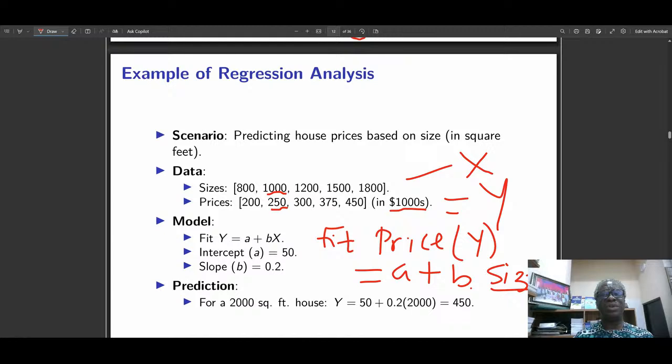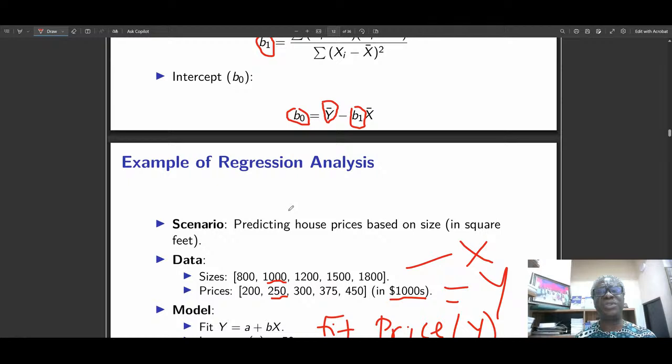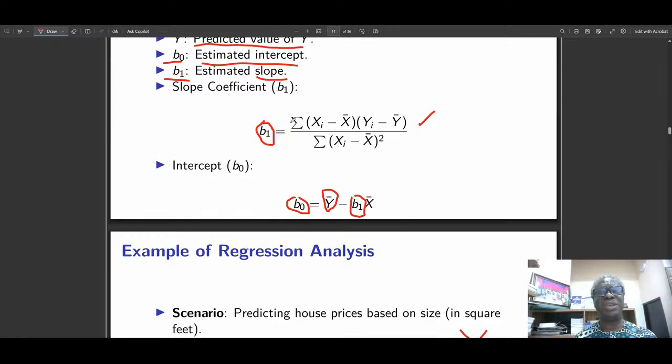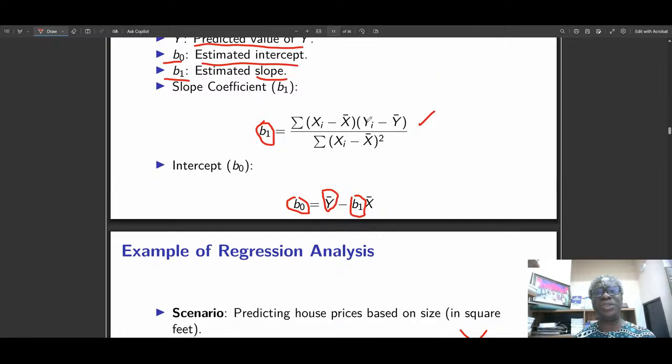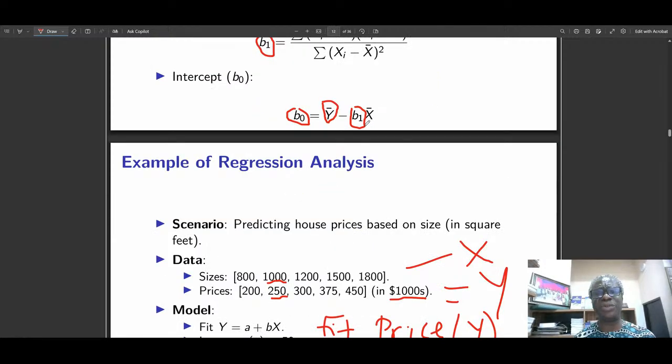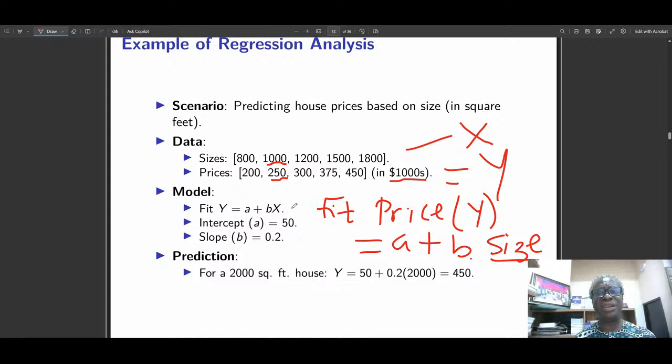So if we now compute the B, in this case, we use this formula to compute the B. You can do that. Then the value will be 0.2. That is the slope coefficient.